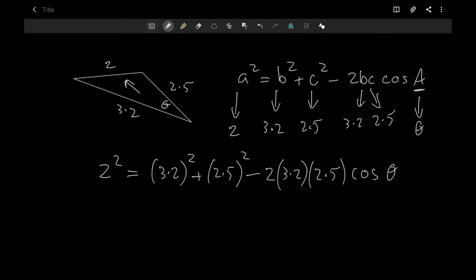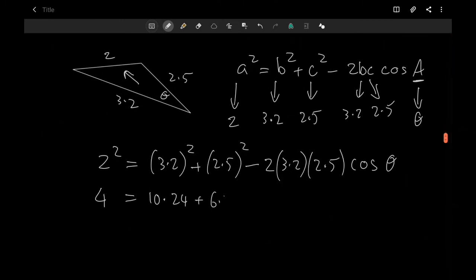We know 2 squared is 4, 3.2 squared is 10.24, plus 2.5 squared is 6.25, minus 2 times 3.2 times 2.5 is equal to 16. So that would be 16 cos theta.